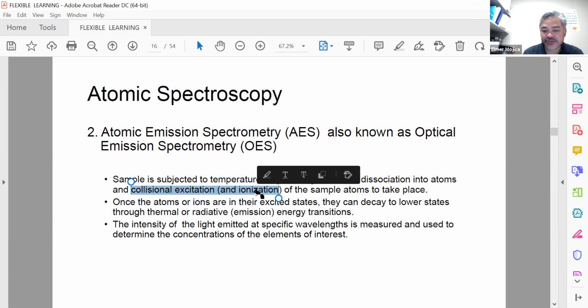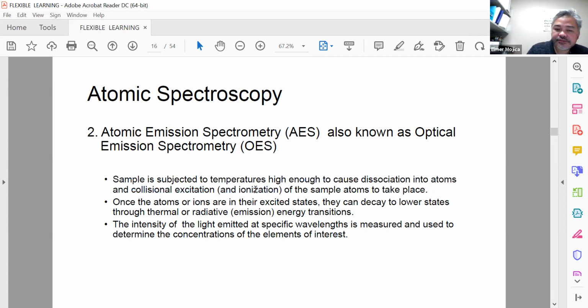The intensity of the light emitted at a specific wavelength is measured and used to determine the concentration of the element of interest. Maybe between the two, this has a high energetic requirement because you need a high temperature.